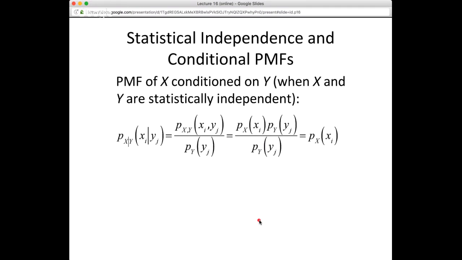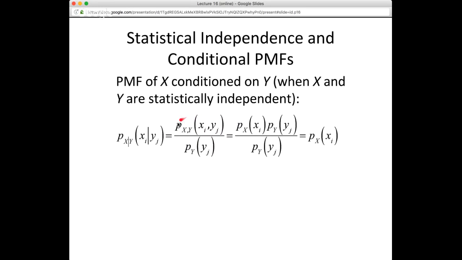These conditional probabilities simplify in the event that the random variables x and y are statistically independent, and we can see that as follows. So we start with that definition of the conditional probability for the random variable x given y, equal to xi and yj respectively. And of course, that's equal to this joint probability divided by the marginal probability.